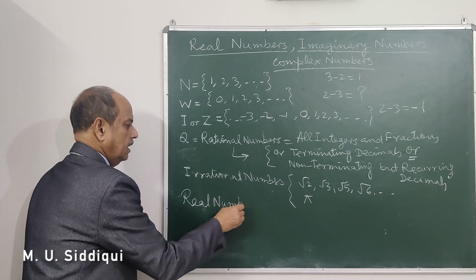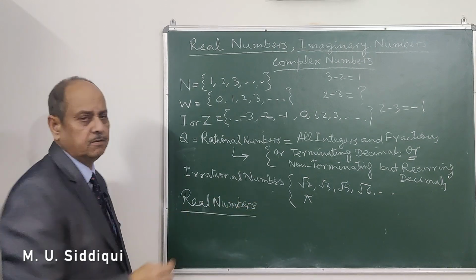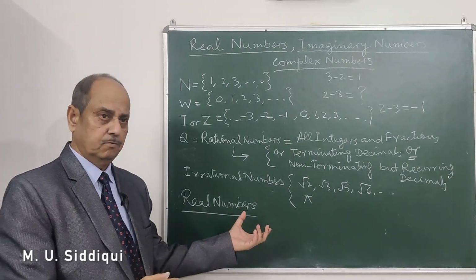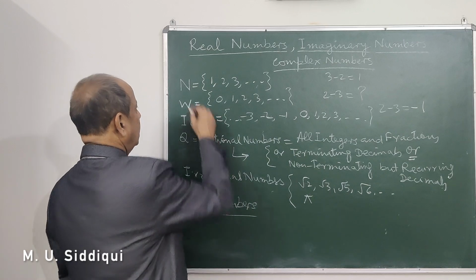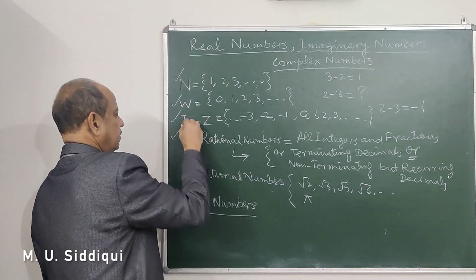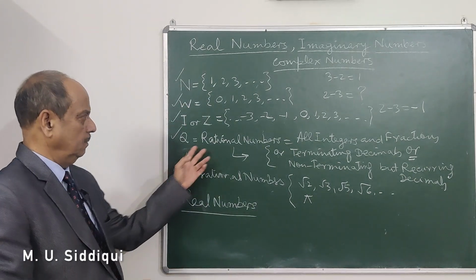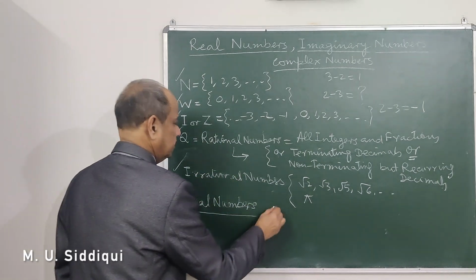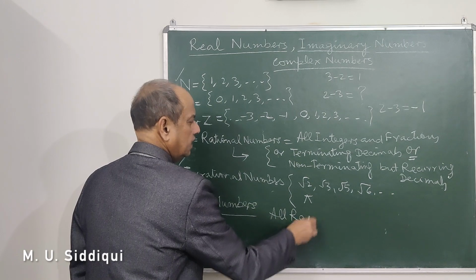So what does it mean, real numbers? Which the students of classes up to 10 know are all the real numbers, which means all the natural numbers, whole numbers, integers, fractions, meaning the rational numbers and irrationals all together.